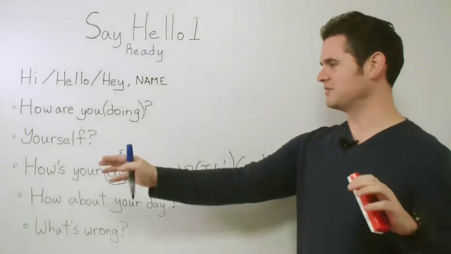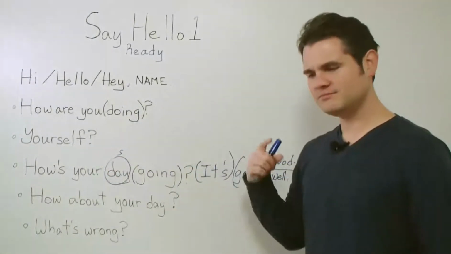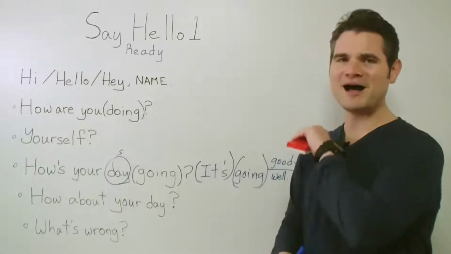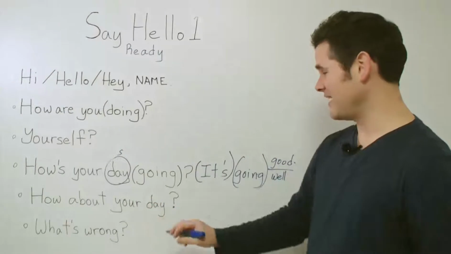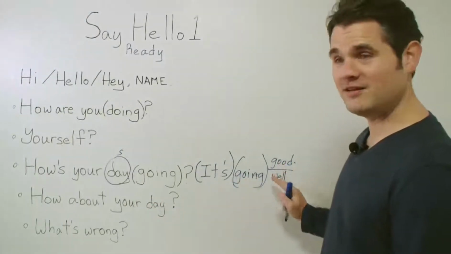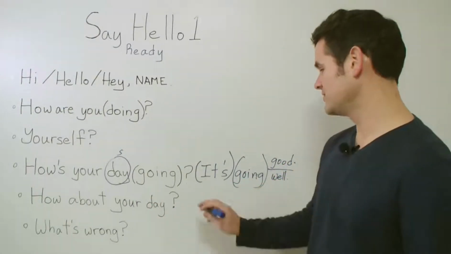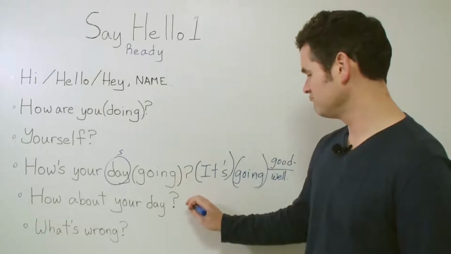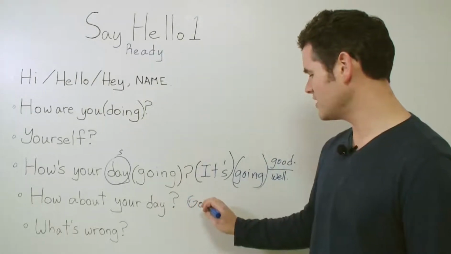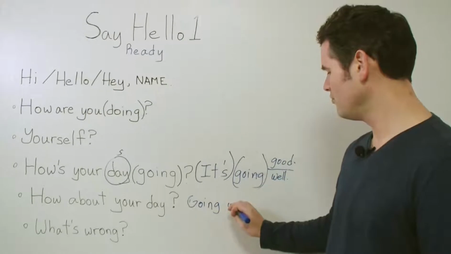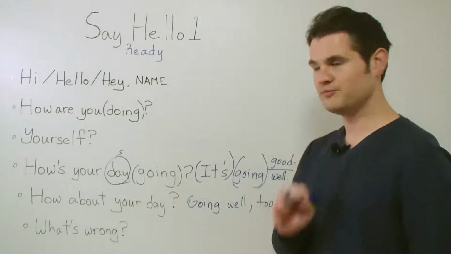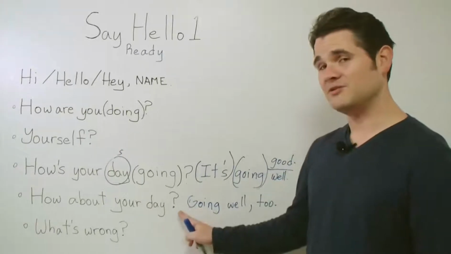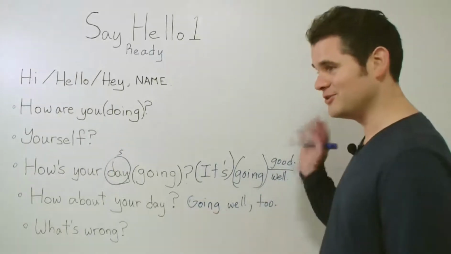So let's practice this really quick. How's your day going? Going good. How about your day? So the other person's going to answer. Let's say they're having their day's going well. So they can say going well too. They can also use it's going well too.